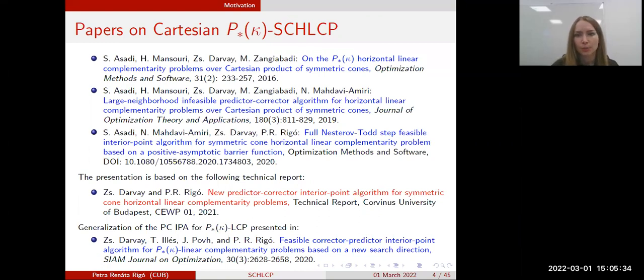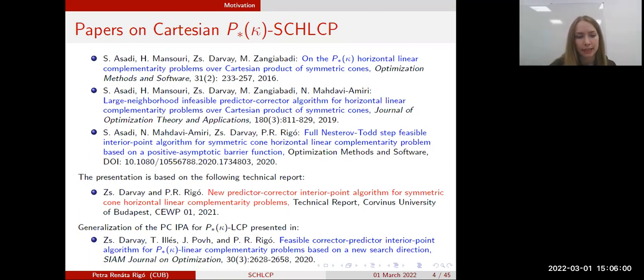Asadi et al. proposed an interior point algorithm for solving this type of problems. In 2020, we also provided a full step feasible interior point algorithm for solving this. But today's presentation will be based on this technical report, which is under revision now.